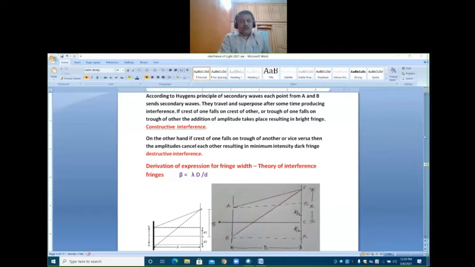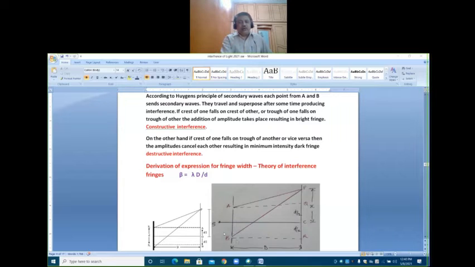Now, let us quickly review what we have done in Young's double slit experiment. It is based on division of wavefront. There is a source S, which is sending light, and it is blocked by a separator. A and B are two pinholes. Light travels from these two pinholes, and A is a source of secondary wave, B is a source of secondary wave.